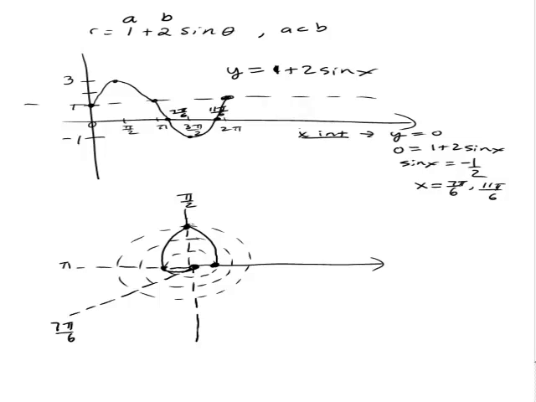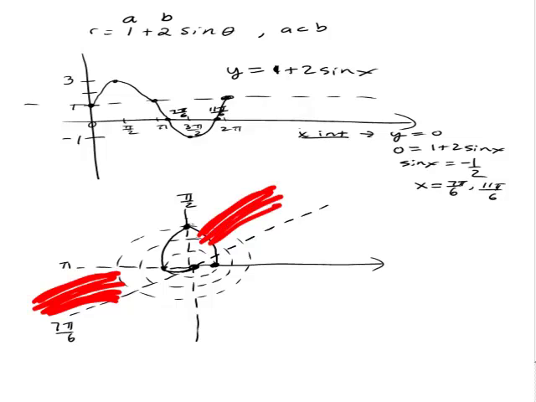Now next we want to look at what happens as we go from 7 pi over 6 to 3 pi over 2. All the r's in here are negative. So first, I should probably look at the extension. Let me draw on the extension of 7 pi over 6. Now all the stuff that would be here gets sent up here.